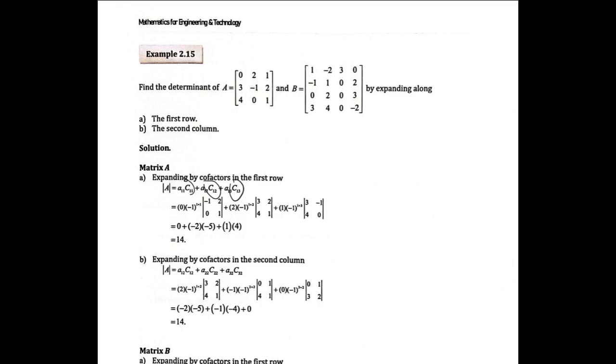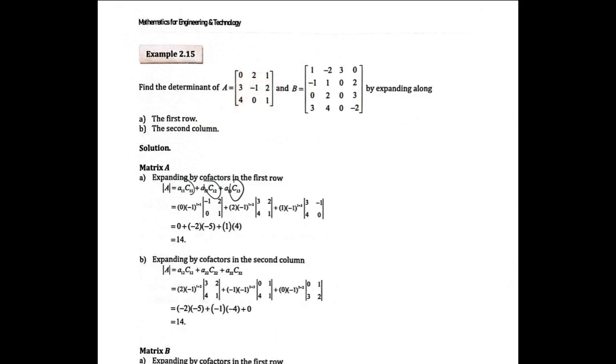Okay, so for this calculation, they don't show you the step of calculating the minor, but it is embedded in there. As you can see, this is the calculation for minor 1 1, and then you have minor 1 2, minor 1 3. So minor 1 1 means that we eliminate row 1 column 1, and that will give you this as the minor.